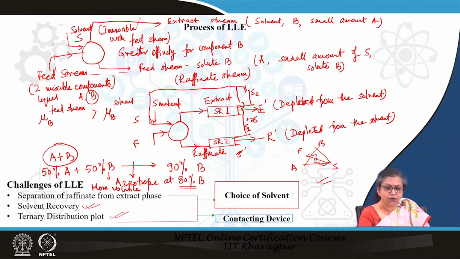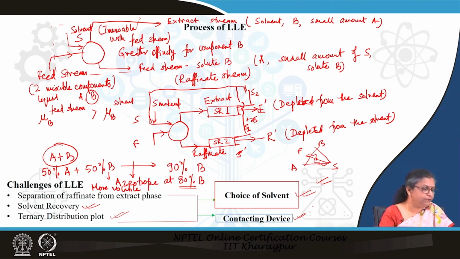So, therefore, what are the things that we have to do? Just like in the case of absorption, we had to select a proper solvent. In case of adsorption, we had to select a proper adsorbent. In this case also, choice of solvent is the first important thing, and the second important thing is the contacting device. The first thing that we are going to discuss is the choice of solvent.